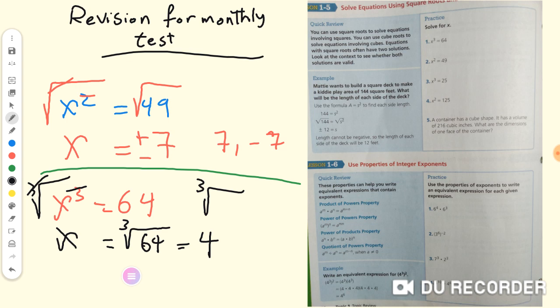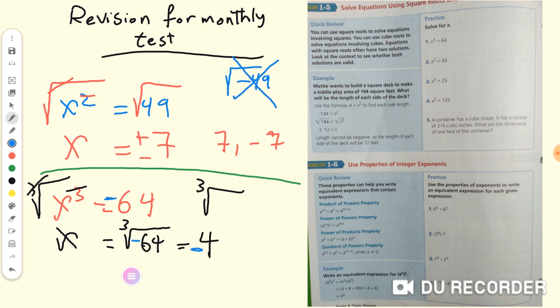Okay, this is a simple answer. By the way, if the number is negative, the answer will be negative too. If the number is positive, the answer will be positive. Okay? This is only in the cubic root, but in square root, we don't have a square root of a negative number. So it's not allowed. It doesn't have any square root of a negative number.